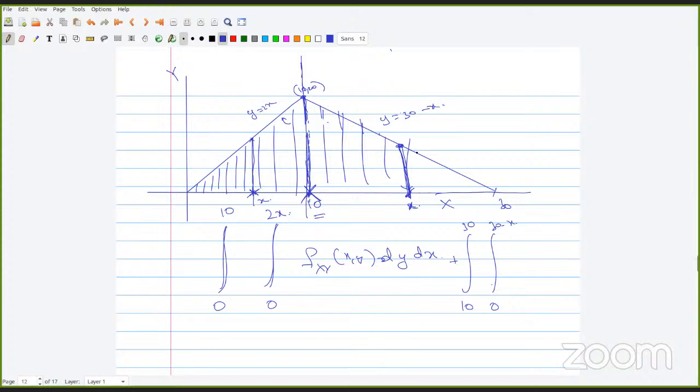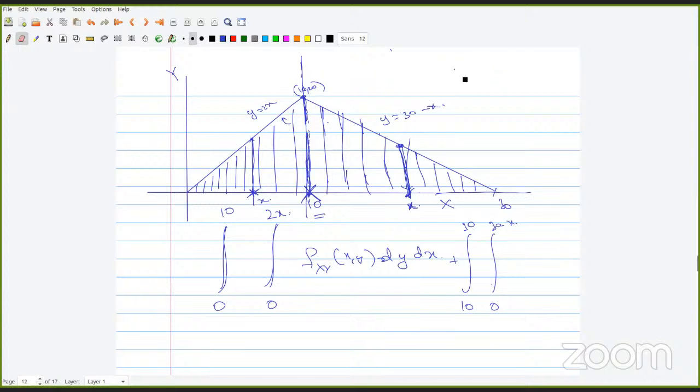Yes, it will be y is less than 2x in the interval 0 to 10, and y is less than 30 minus x in the interval 10 to 30.